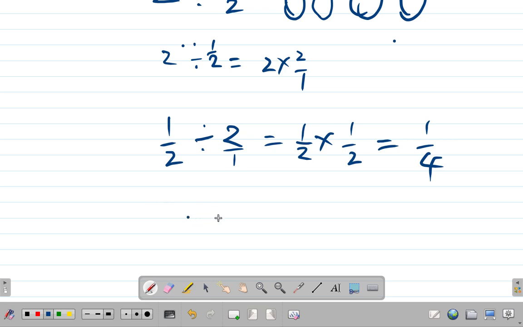Now, see if you can explain it with a diagram. You have the whole thing, and you have half of it. It's a half, and you divide it by 2. That means you cut it in 2 equal parts. What do you get?